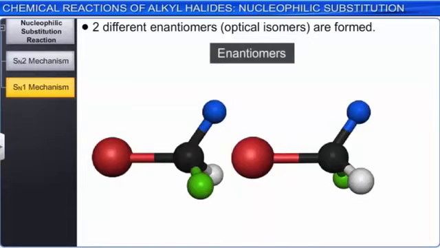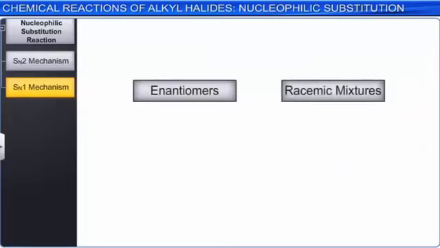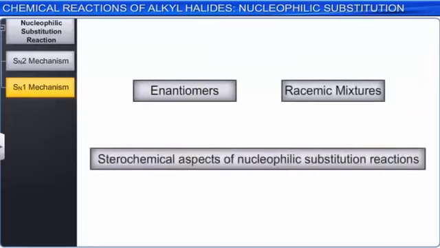This is called racemization, and such 50-50 mixtures are called racemic mixtures. You will learn more about terms such as enantiomers and racemic mixtures, as well as about the stereochemical aspects of nucleophilic substitution reactions in the next module.